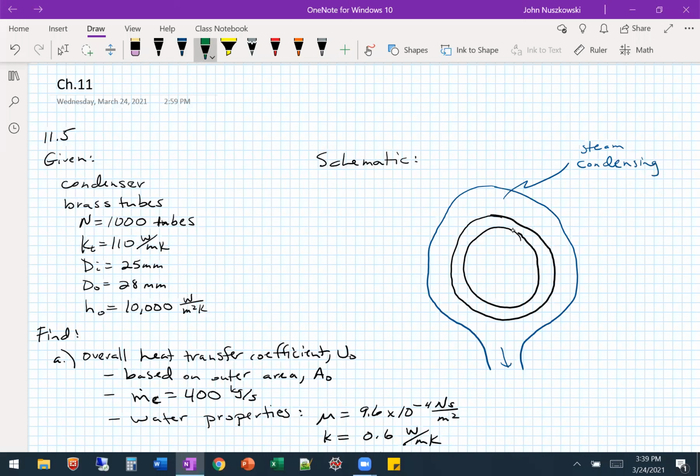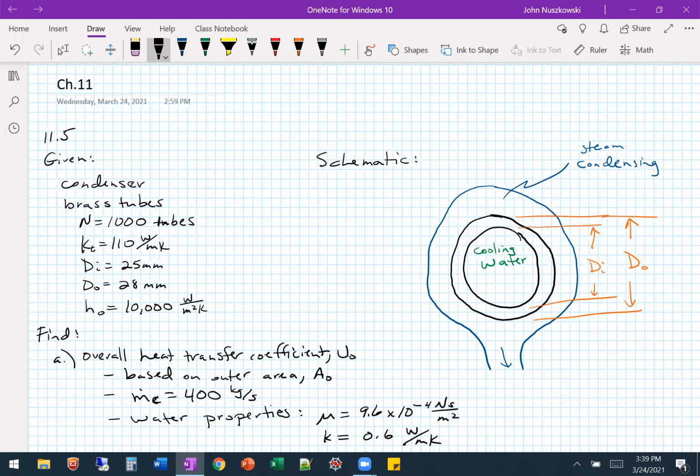On the inside is our cooling water. They gave us the diameters.